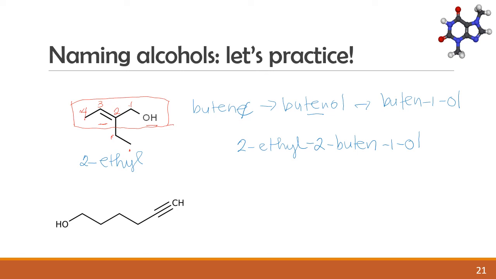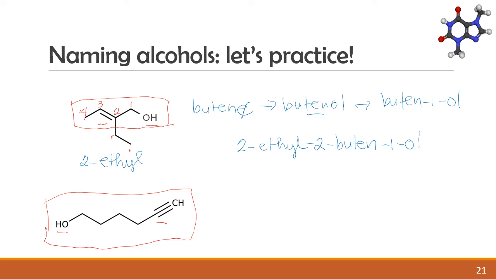Now let's try this other compound. This alcohol is from an alkyne because of this triple bond. We need to find the LCC. The LCC must include both the triple bond and the hydroxyl group, which means the entire compound is our LCC.